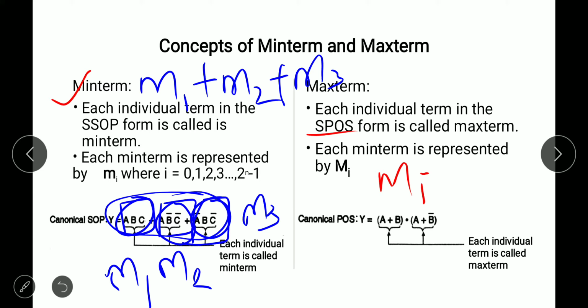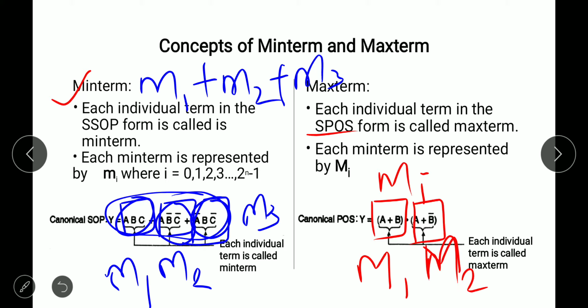In the canonical POS form, the first term A plus B is called M1, then dot A plus B bar is called M2. You have to write capital M for the max term and small m for the min term. This is the concept of min term and max term.